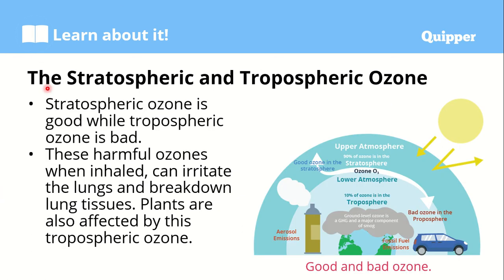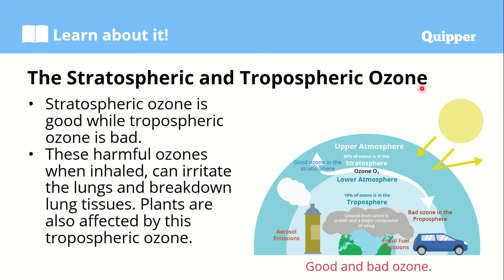Okay, so we have here the stratospheric and the tropospheric ozone. Now, the ozone found in the stratosphere and the troposphere are actually different from each other. I mean, they serve different functions. If the ozone is in the stratosphere, where the ozone layer is located, then it is very helpful for us.